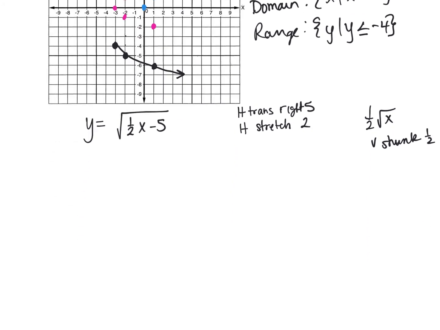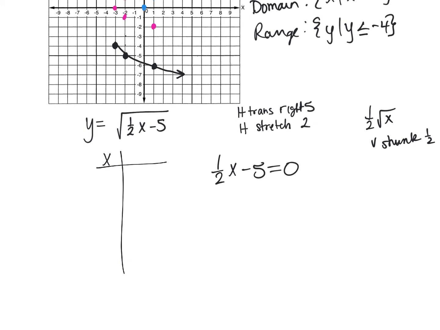Okay, so to do this, we actually want to just make a table and plug some numbers in, because the horizontal stretch of 2 is kind of hard to do on the graph. I mean, we could, but it's kind of complicated. So at this point, we'd rather just take some numbers and plug them in. First thing I'm going to do is find where 1/2 x minus 5 is equal to 0.